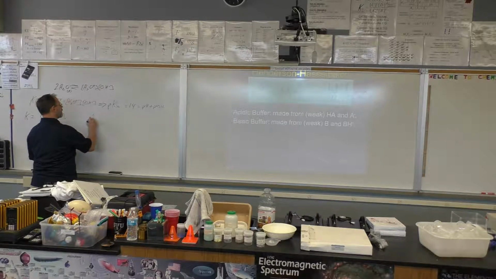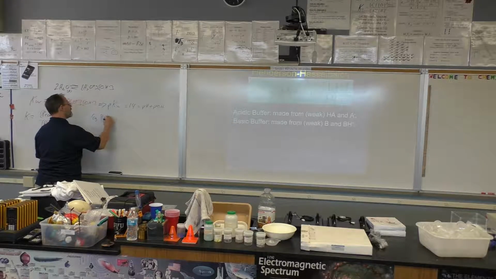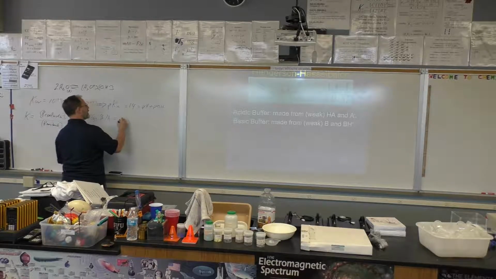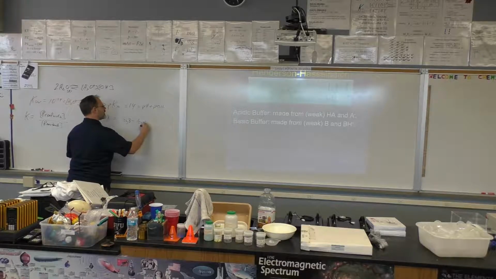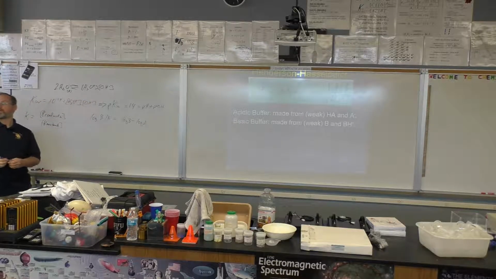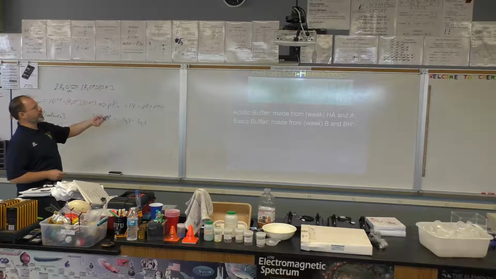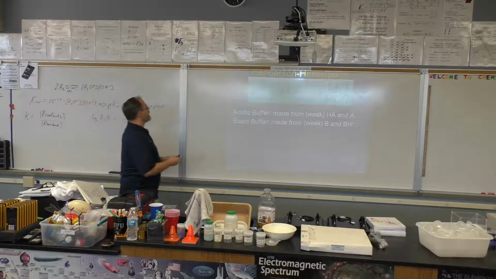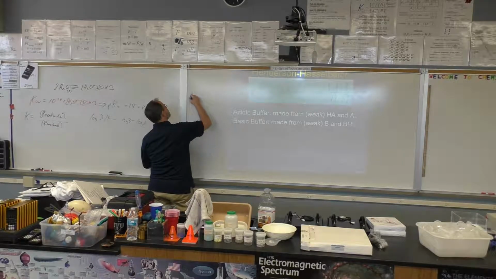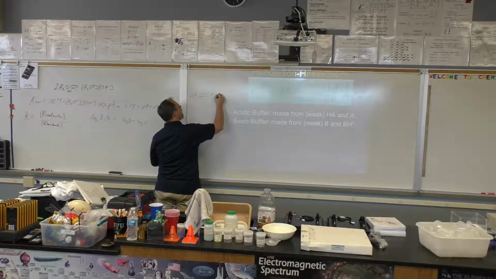So if you took the logarithm of B over A, then it's going to be logarithm of B minus the logarithm of A. It's kind of fun. Cool? And that's where we use this equation to get the Henderson-Hasselbalch.